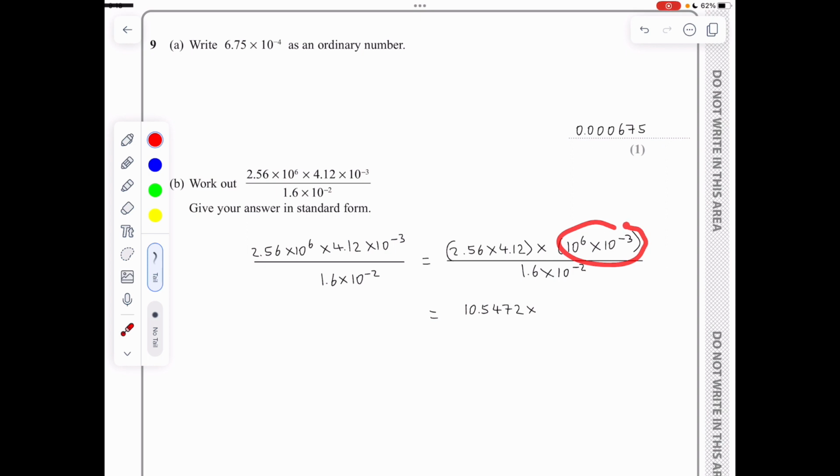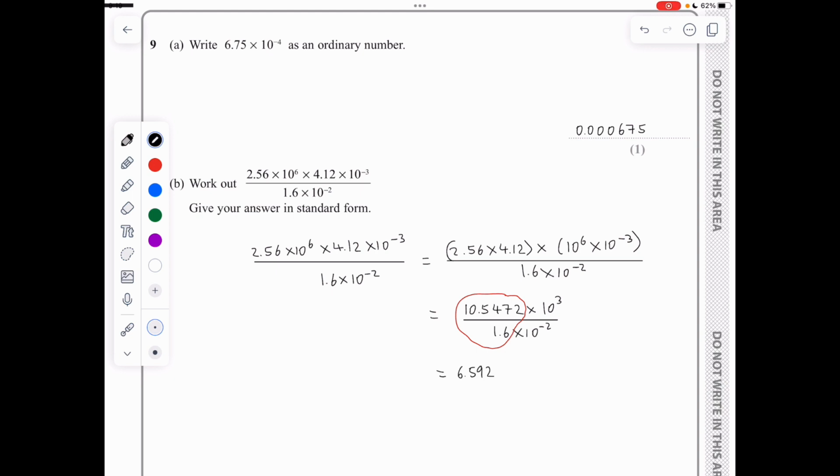We know that when we've got multiplication with a common base, we add the indices. So 6 plus negative 3 is 3, and this will be over 1.6 times 10 to the negative 2. So if I do 10.5472 divided by 1.6, I get 6.592.